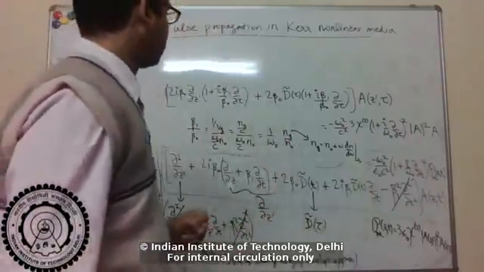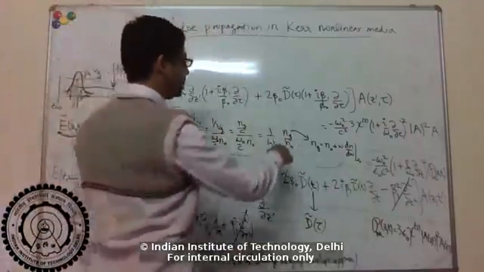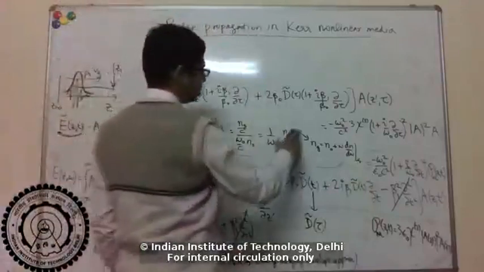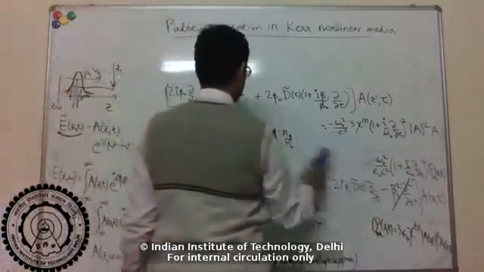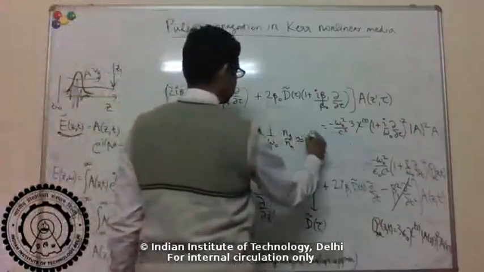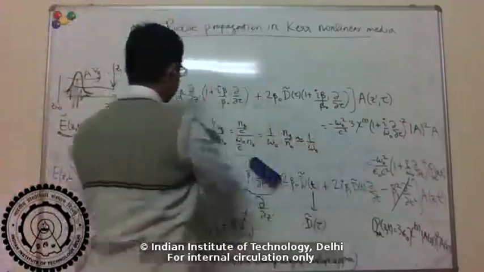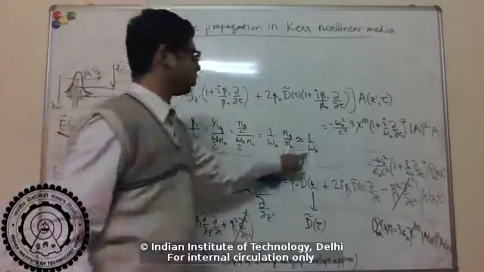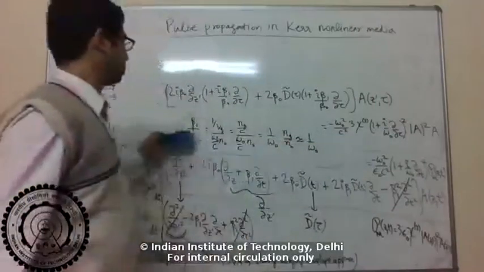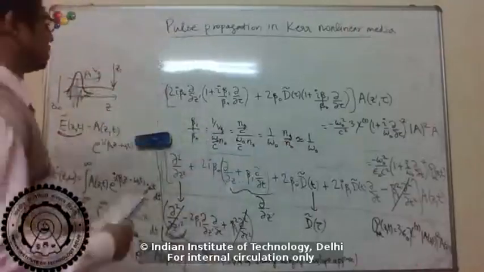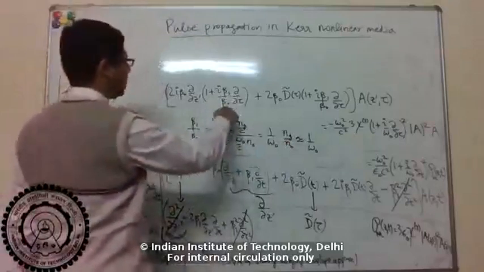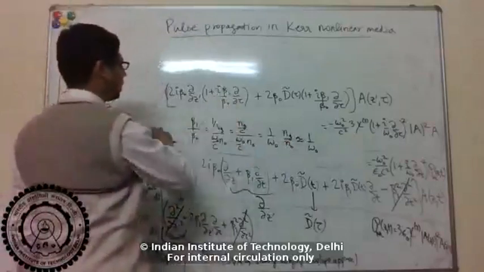Okay. So it's a good approximation to say this Ng over n naught is close to 1, and basically beta 1 over beta naught is basically just 1 over omega naught. Okay, so that's the next step. So basically what we do here, beta 1 by beta naught, we replace by 1 over omega naught.